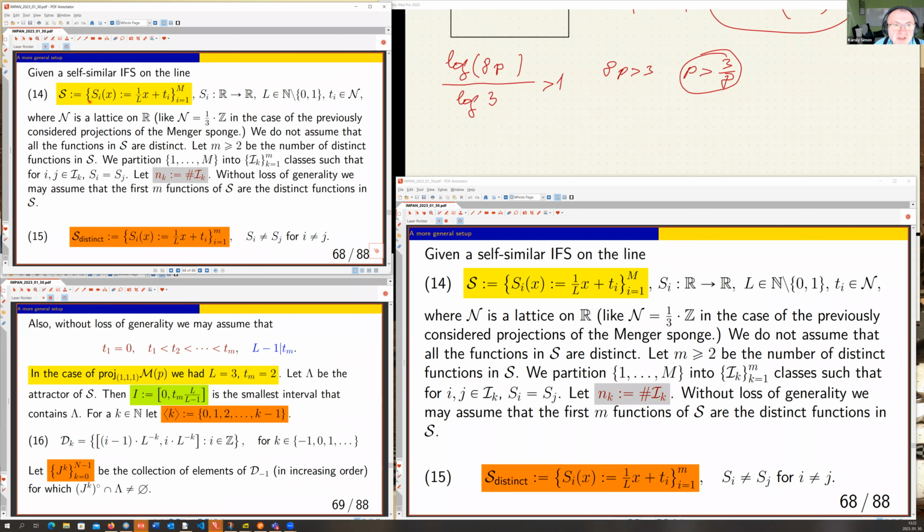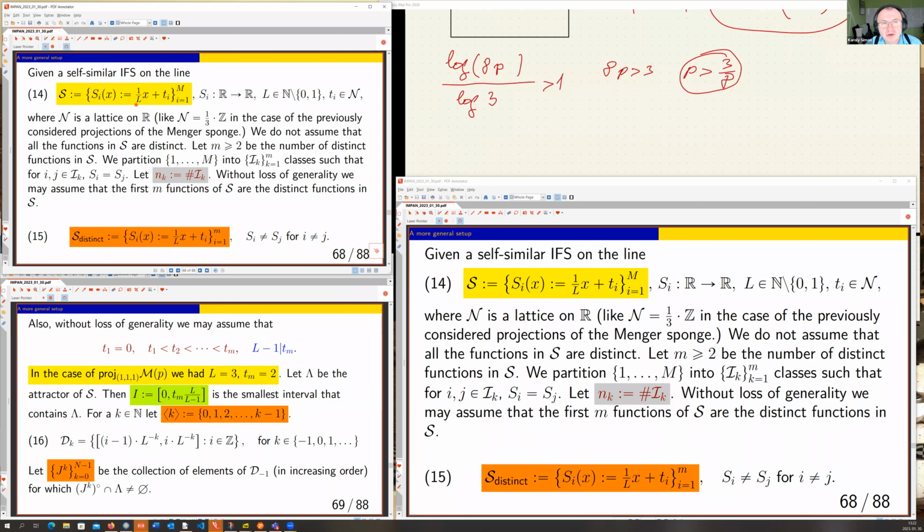So here is a self-similar set, because if you take the projection of a carpet to a line at any rational angle, it's important that it is a rational angle, then after rescaling what you get is an iterated function system like this, where this is 1 over an integer times x.